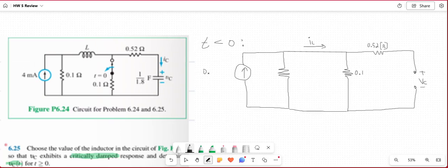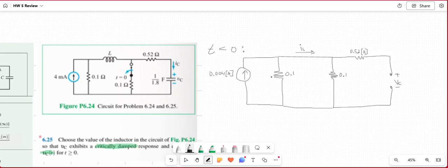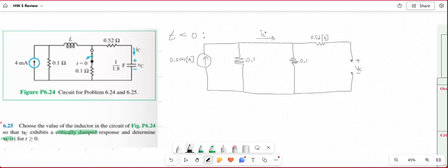0.1. This is IL. This is 0.004 amps. This is 0.1. So we need to find IL 0 minus and VC 0 minus. So if we look here, IL is the current coming from this to here, right?